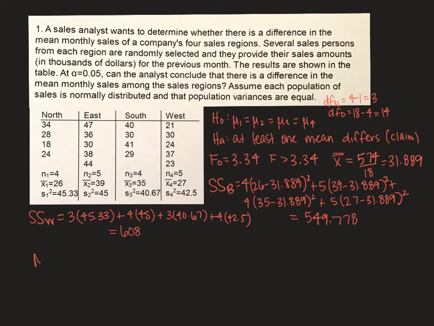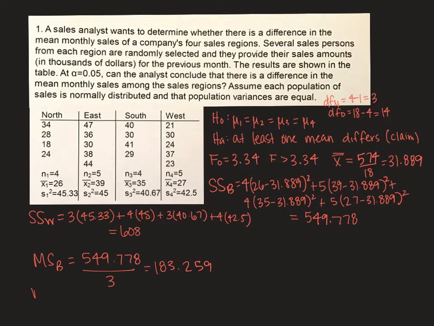So for MSB, it is my SSB divided by the degree of freedom of my numerator. So 549.778 over 3, which is going to give me 183.259.